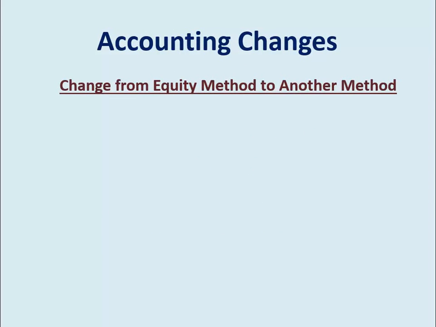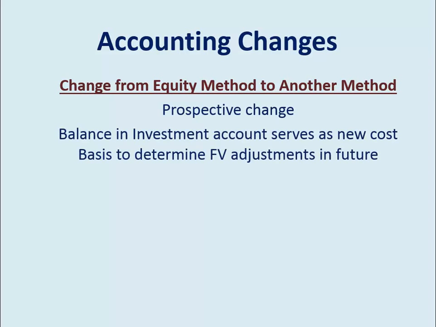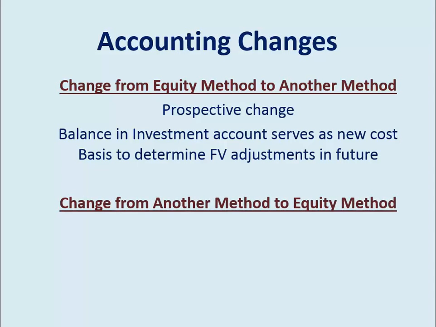Now, what if you make a change? If you change from the equity method to another method, it is a prospective change, meaning it's kind of like a change of estimate, treated the same way, where you don't go back and restate anything, you just make the change and move forward. The balance in the investment account serves as the new cost basis to determine the fair value adjustment in the future. But if you go from another method to the equity method, you have to make a retrospective change.